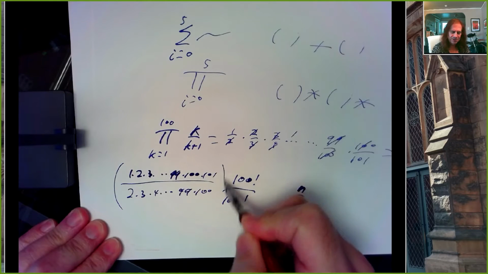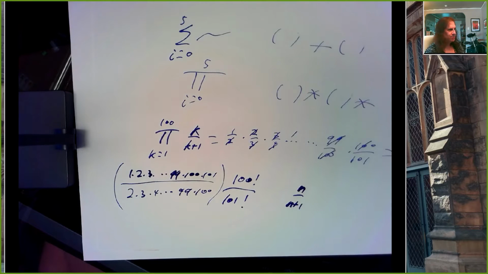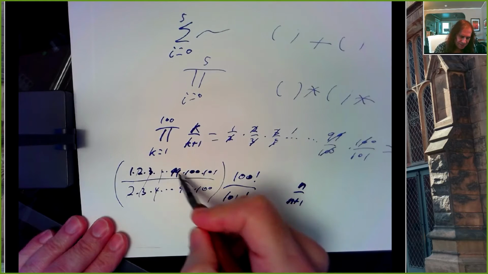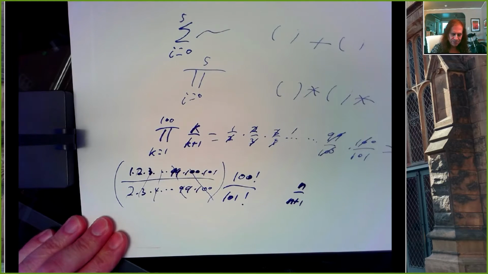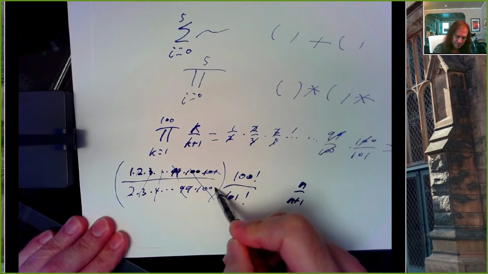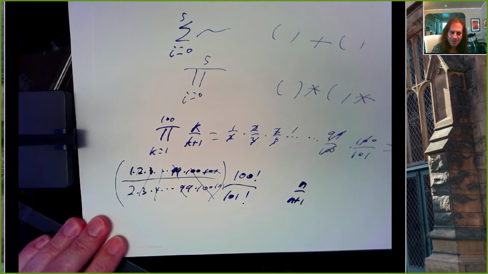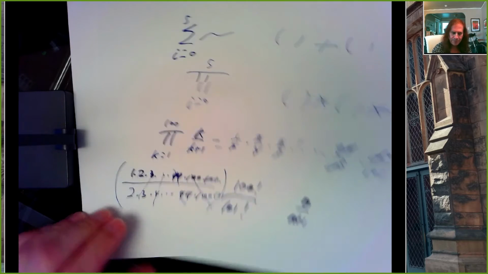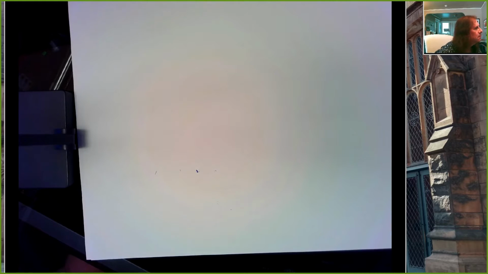Alright, that's the fraction we have. And multiplication is commutative, so that inspires us to take those out. Oh, I put the wrong thing on the bottom. Yeah, 101 should be on the bottom.